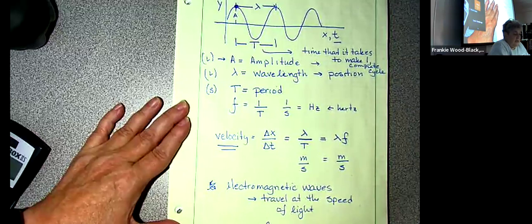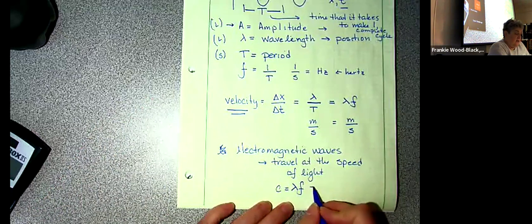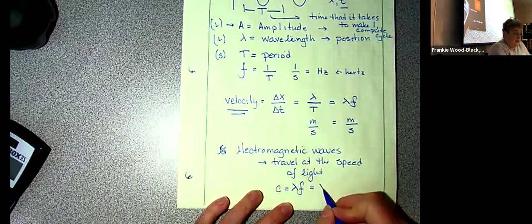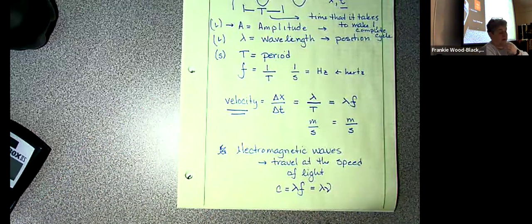So that becomes c is equal to lambda times my frequency. And sometimes you would have seen this with a different symbol for frequency, depending on your chemistry book. But we're going to use f in here in physics.